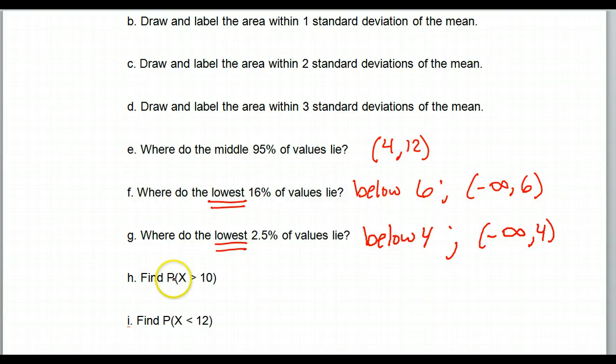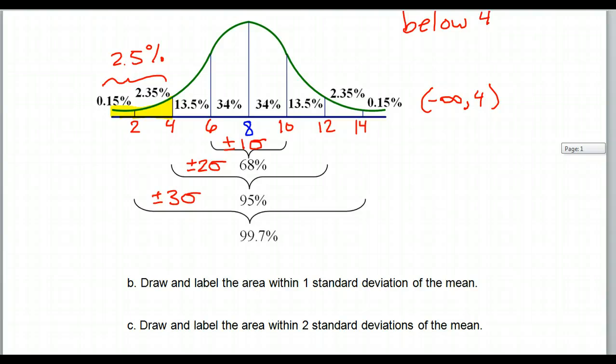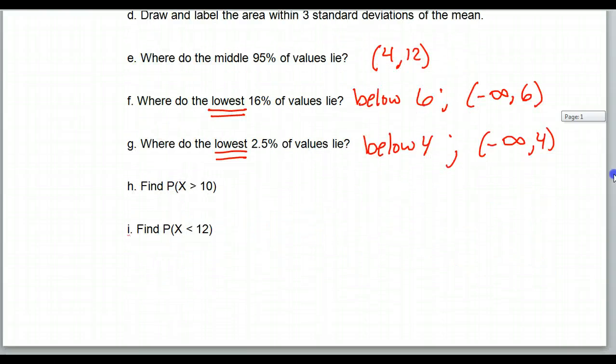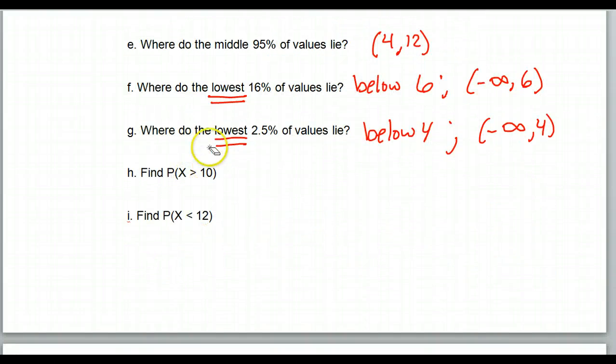Find the probability of randomly picking an x value that is greater than 10. That's what this says: the probability that x is bigger than 10. Some random value is bigger than 10. The probability is the same as these percentages that we've been talking about. So focus on the part that says greater than 10.